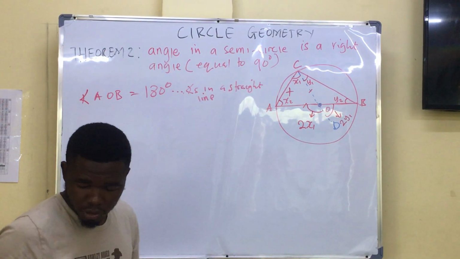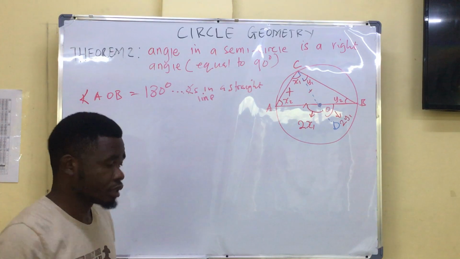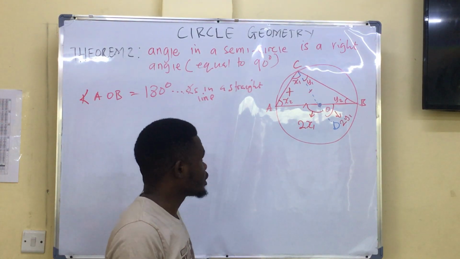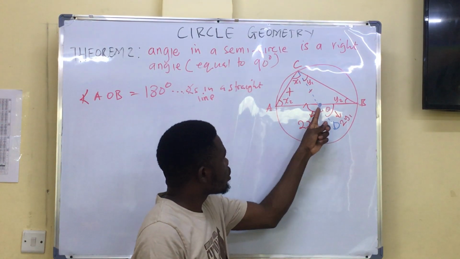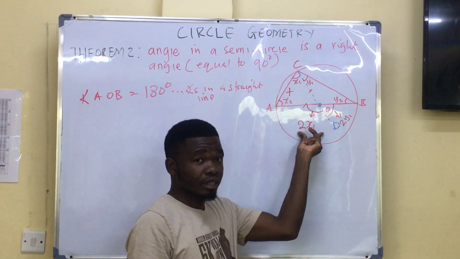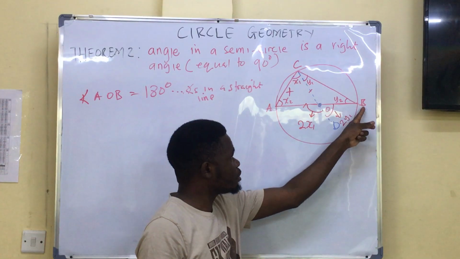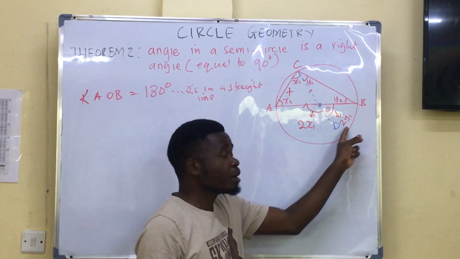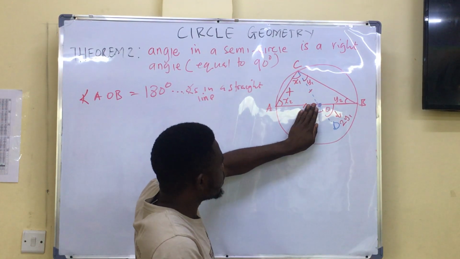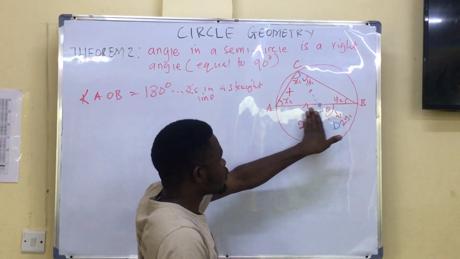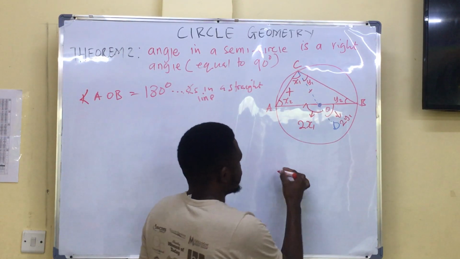Angles formed in a straight line are equal to 180 degrees. But angle AOD is equal to 2x1, and angle DOB is equal to 2y1. If you add this angle and this angle, we'll make a complete straight line, in short.